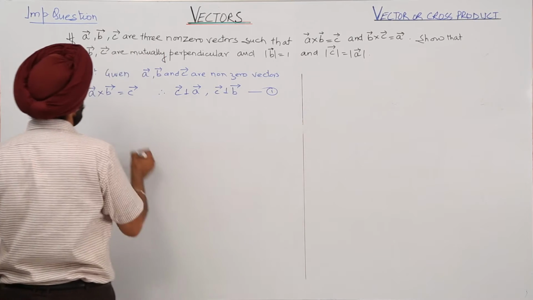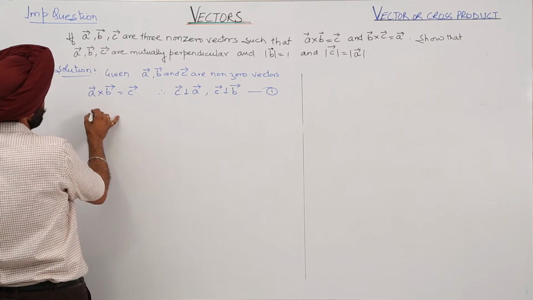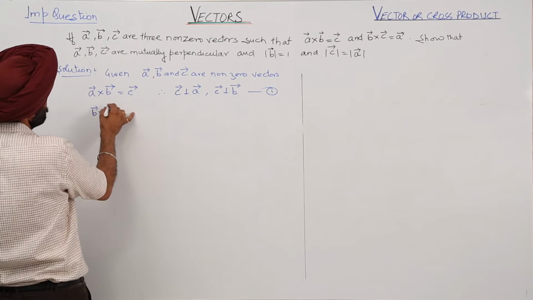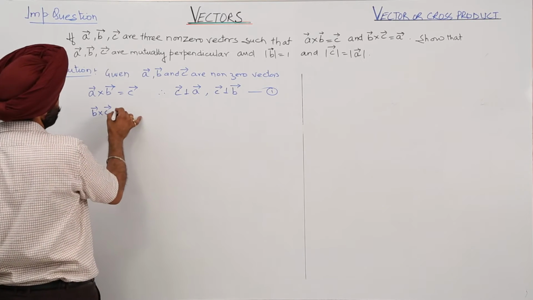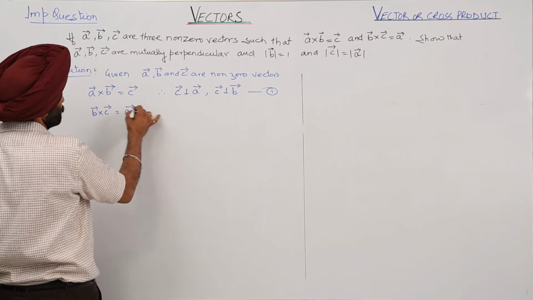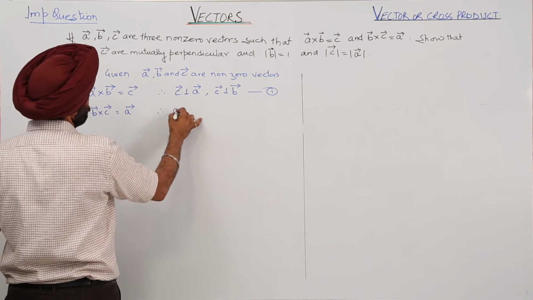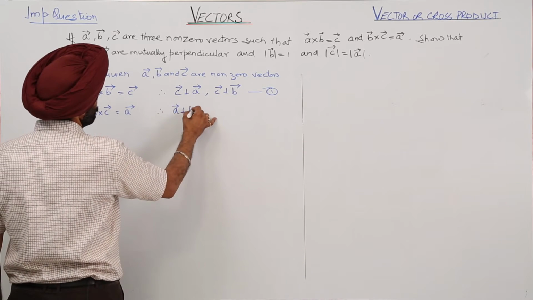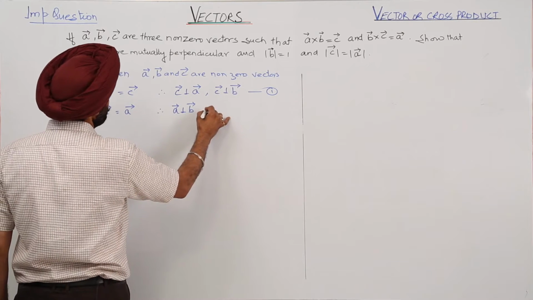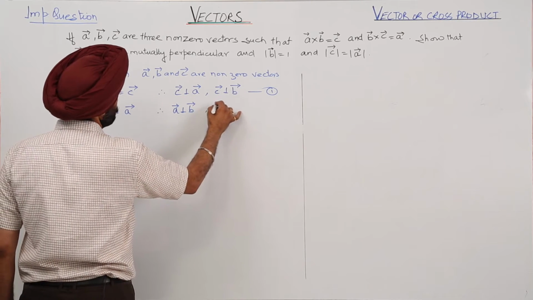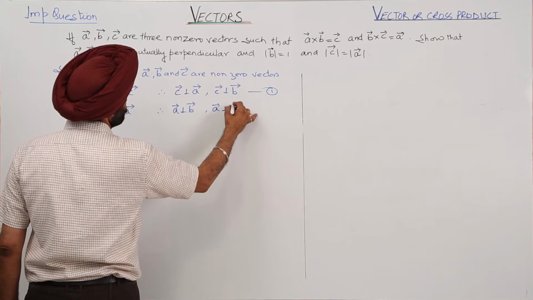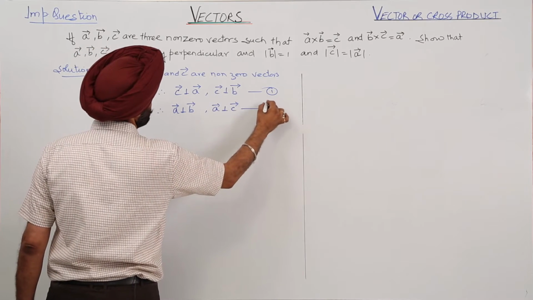First thing. Second condition they have given, the cross product of vector B and vector C is equal to vector A. Therefore, vector A is perpendicular to vector B and vector A is perpendicular to vector C. Second condition.